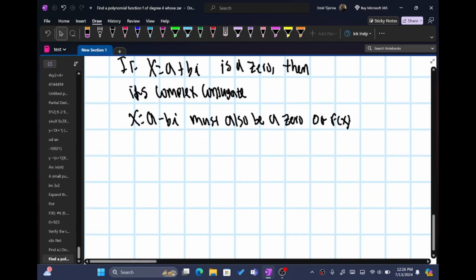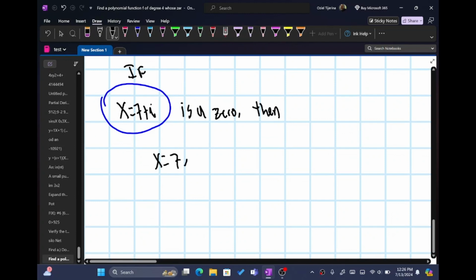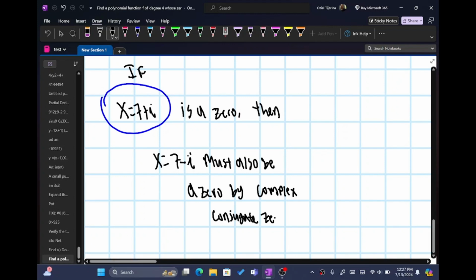Specifically in this case, because x equals 7 plus i is a zero, then x equals 7 minus i must also be a zero by the complex conjugate zero theorem.